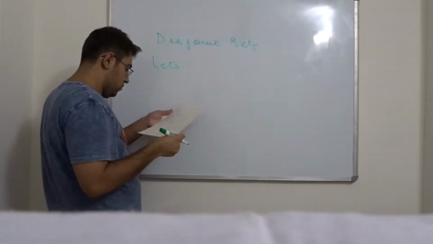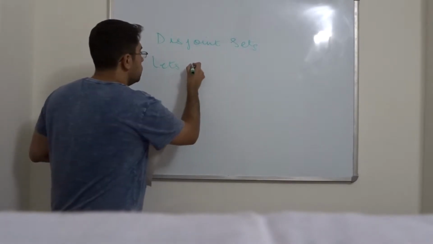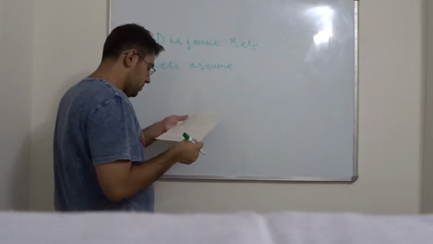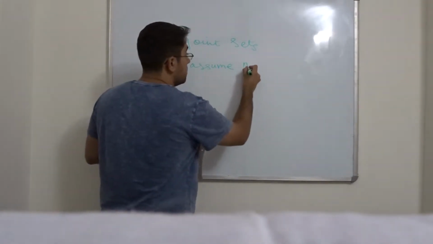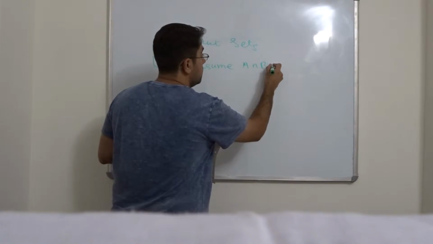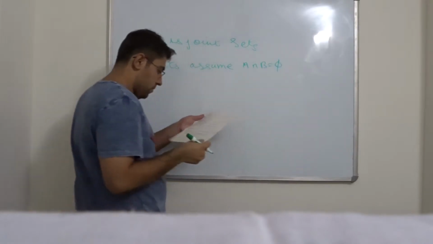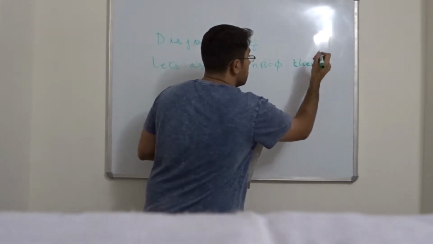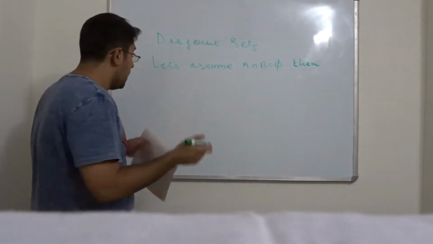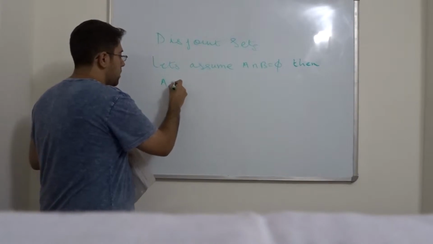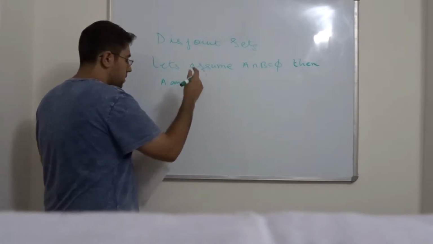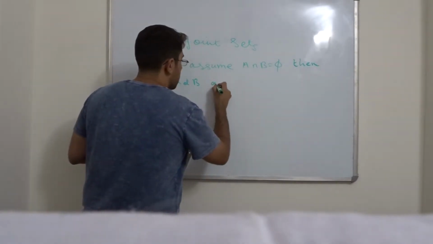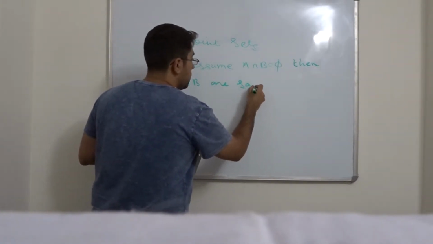So let's assume that A intersection B is a null set. Then A and B are said to be disjoint sets.